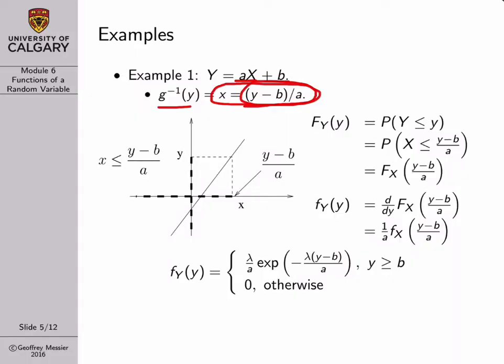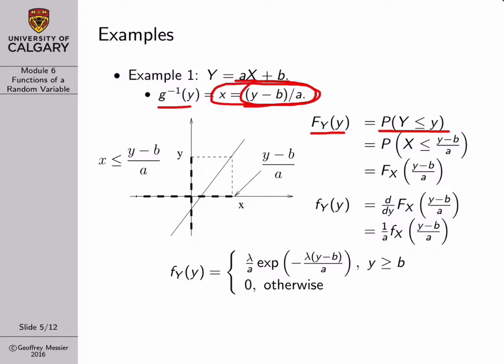Let's consider the positive case first, which is what I've shown in the diagram on this slide. Remember, we're starting by finding the CDF of y, which is equal to the probability that the random variable is less than or equal to a constant represented by lowercase y.